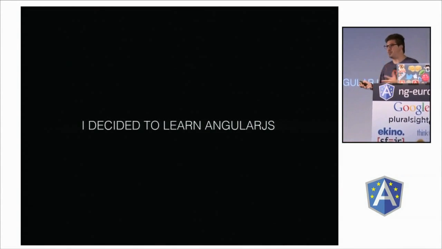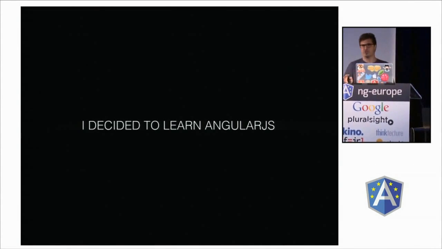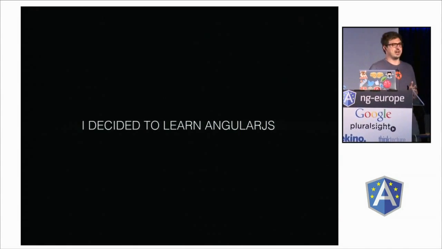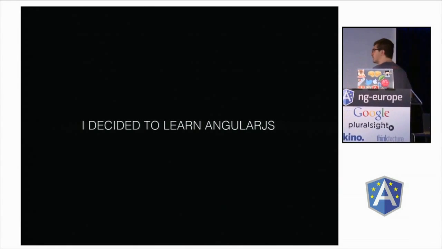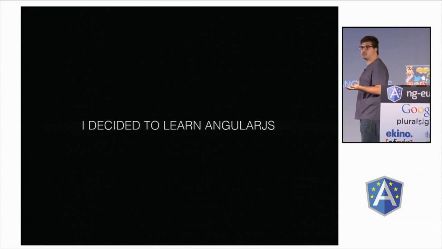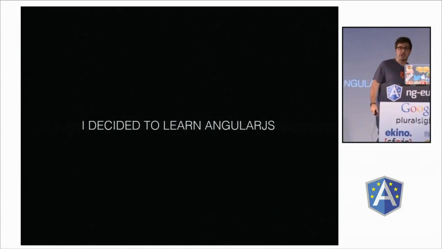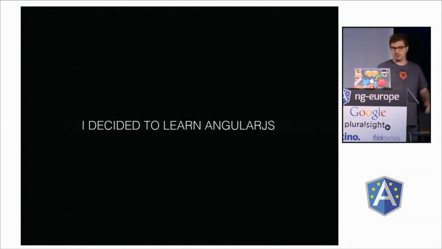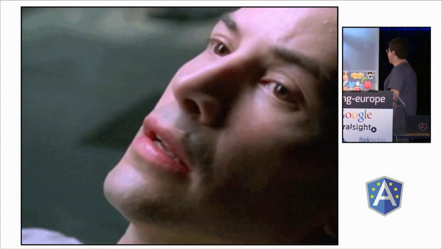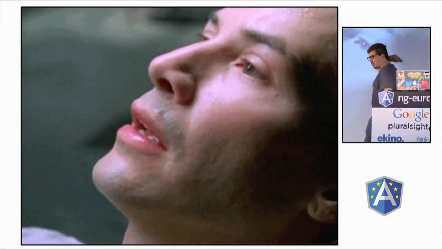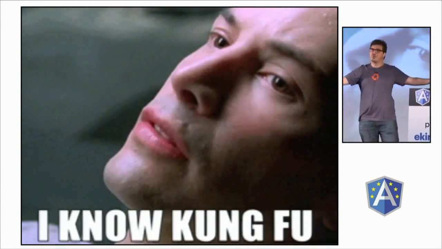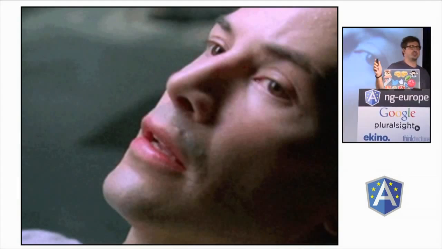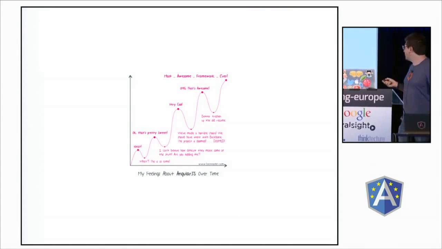The first thing that happened, I think about 2 years ago, is that I decided to learn AngularJS. I had heard about it, saw it online, and it seemed very, very cool. So I started to try it out. I read a few examples, and I felt like Neo in The Matrix: I know Kung Fu, but in my case, I know AngularJS. That didn't really happen.